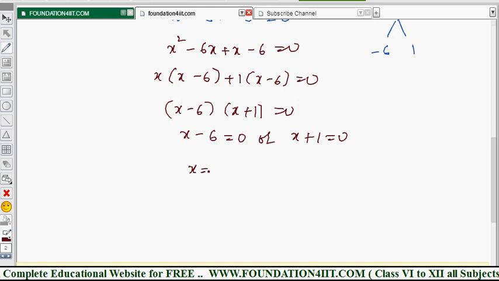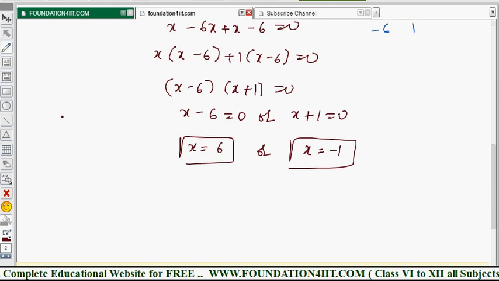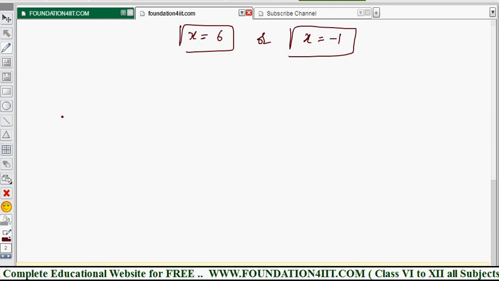So x is equal to 6 or x is equal to minus 1. Now these two are not exactly the roots of the given equation. We need to check which is correct and which is wrong, so let us check both.